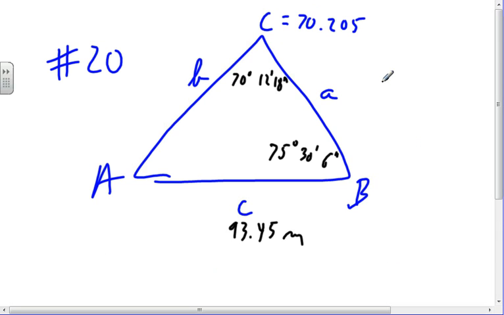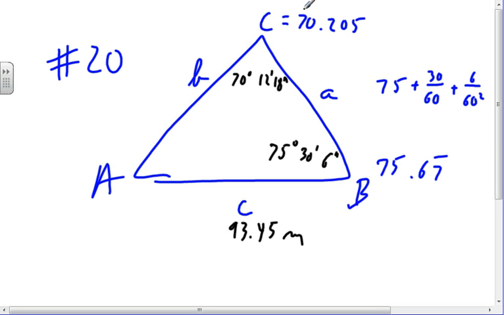The other thing I could do is go 75 plus 30 over 60 plus 6 over 60 squared. So I could do that too. So I'm going to do that for the next guy, because that might be easier. Plus 0.5 plus 6 divided by 60 squared, boom. And I'd end up with 75.67 repeating.